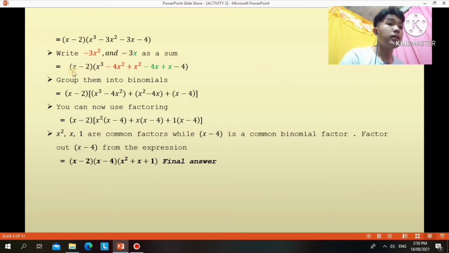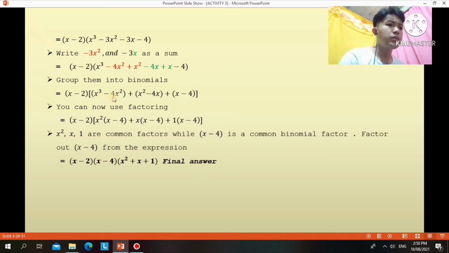So our equation will be x minus 2 times x cubed minus 4x squared plus x squared minus 4x plus x minus 4. Group them into binomials, so you can factor them out.